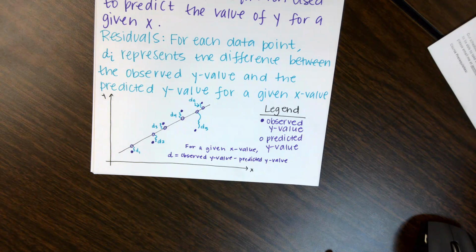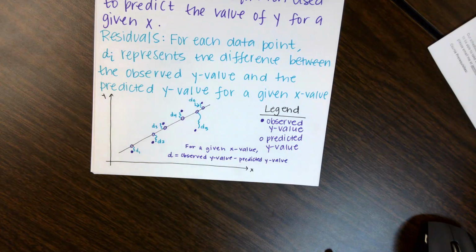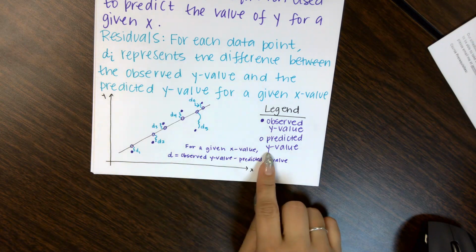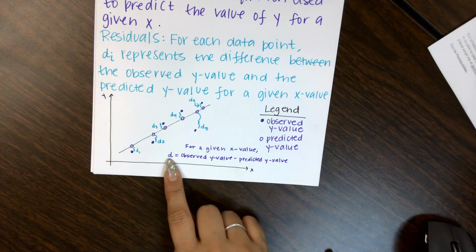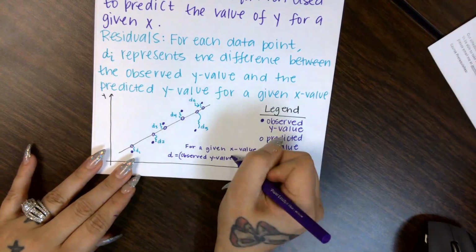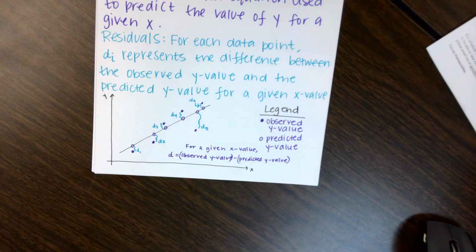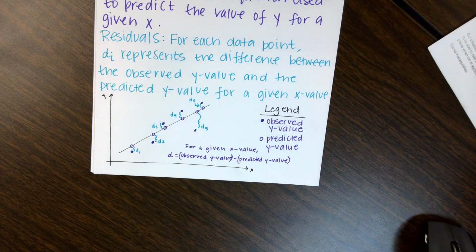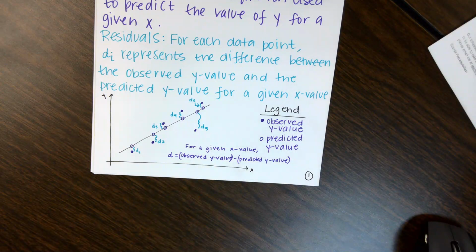So the way that we would figure out the little d, the simple d, would be the observed value and then subtract the predicted value there. Those parentheses should help a lot. Okay. So now let's break down all of these different things that we'll use to solve this.